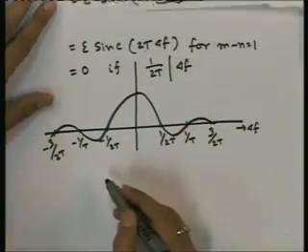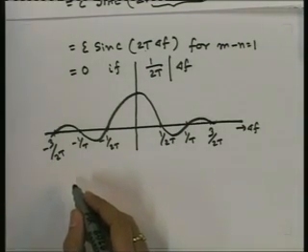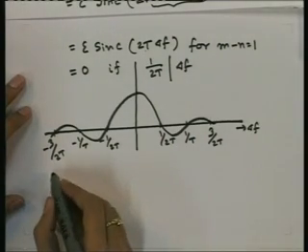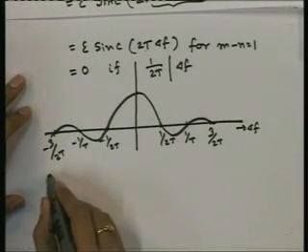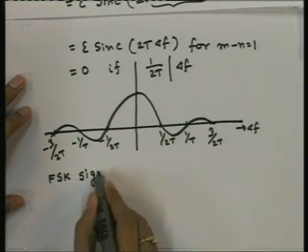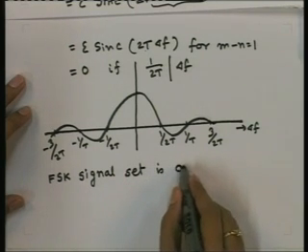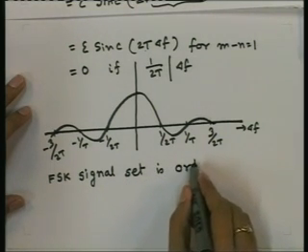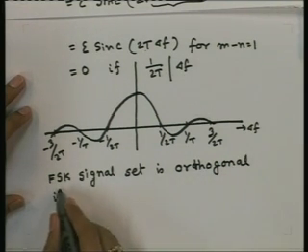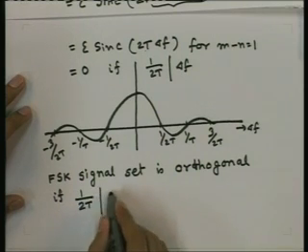So we conclude that the FSK signal set is orthogonal if 1 by 2T divides delta f.